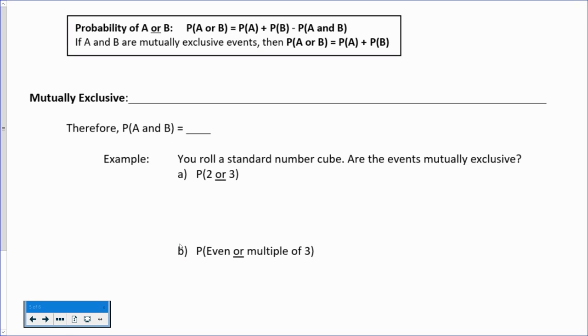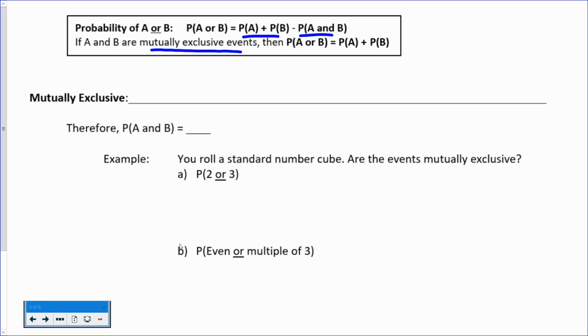So probability of A or B would mean I need to add the probability of each event together and then subtract the probability of A and B. If A and B are mutually exclusive events, we'll talk about what that means in a second, then I only need to find the probability of just A plus the probability of B.